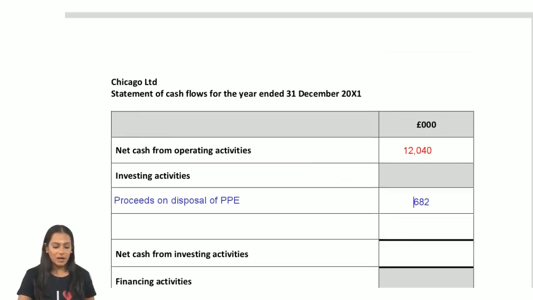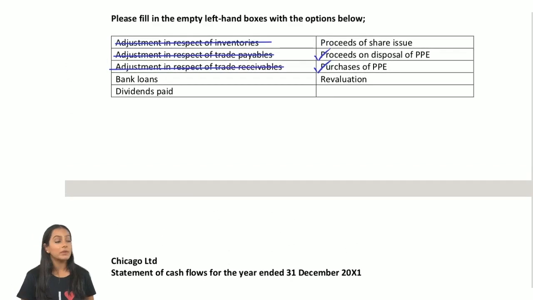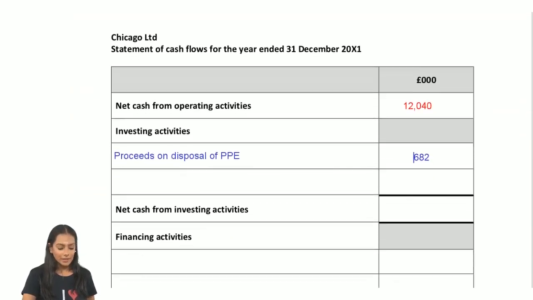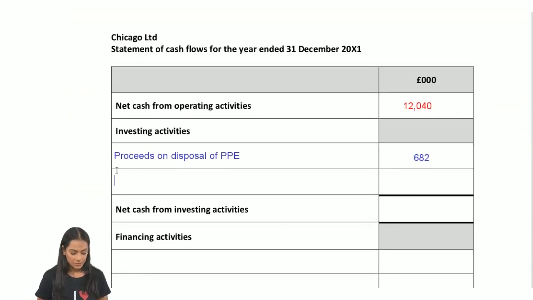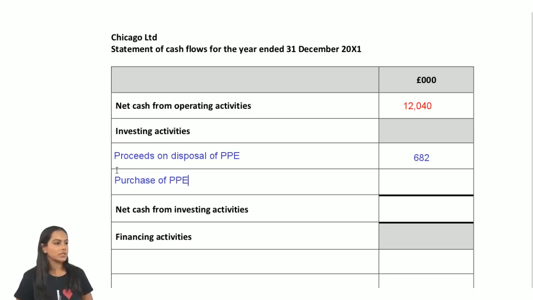The next item under investing activities will be the purchase of PPE. How much money did this company spend buying new non-current assets during the period? Purchase of PPE. For you to know this, you would need to apply another working.